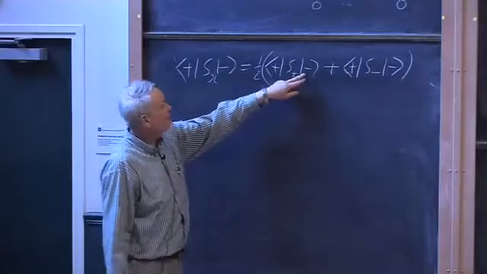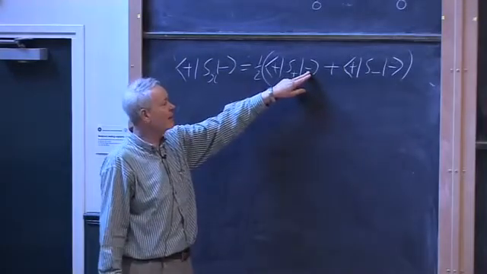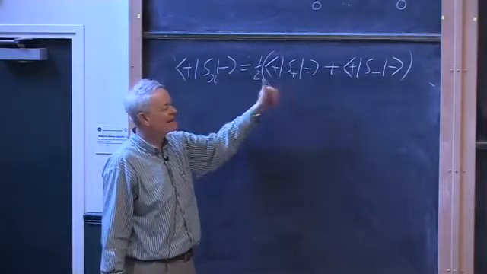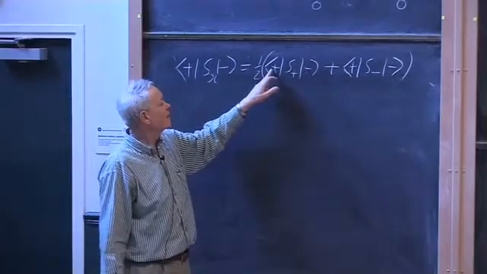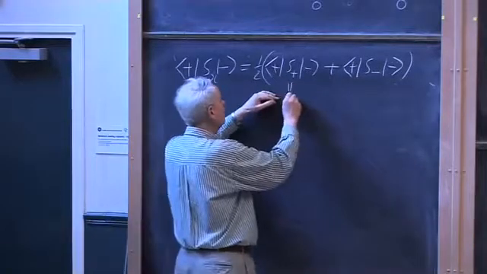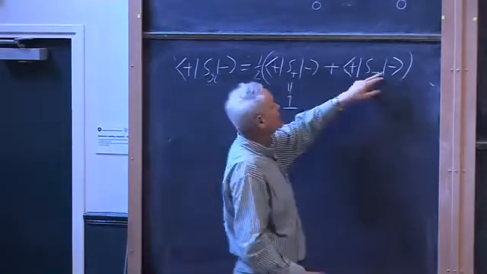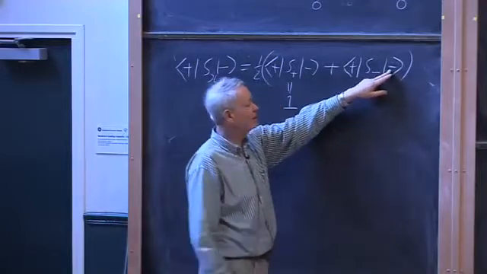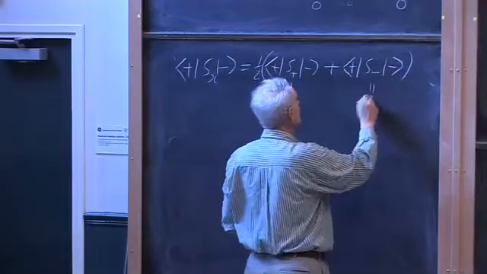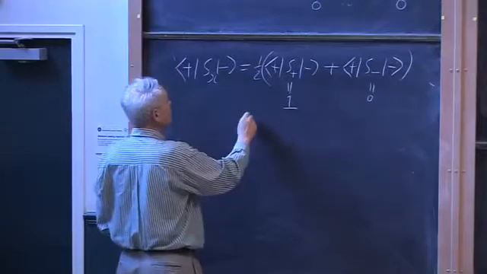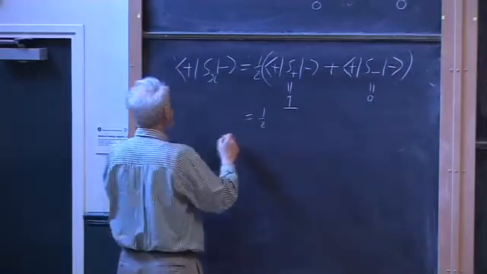S plus raises minus to plus successfully. S plus on minus is exactly 1 times plus. So this number here is equal to 1. And S minus tries to lower this and kills it in the process, and therefore this is equal to 0. So this off-diagonal element is in fact equal to a half.